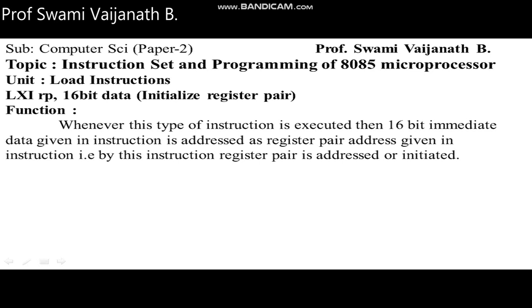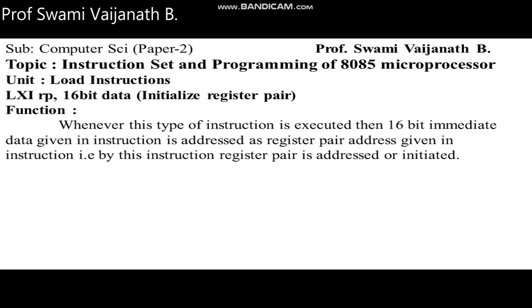In LXI register pair, the register pair may be any one of the valid register pairs such as HL, BC or DE. But in the instruction, the operand is specified as the high order register. That is, for the HL register pair, H is given.